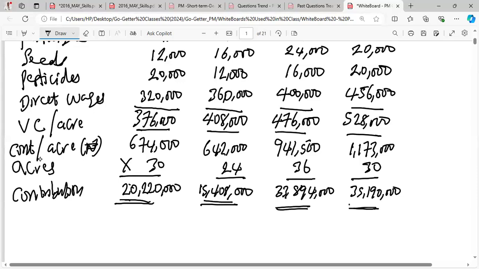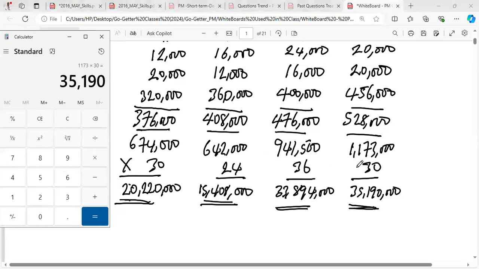Now at this point, I will need to know my total contribution. So what do I do? I'll add now all the contributions. Let me add from right to left. I have 35190 plus 33894 plus 15408 plus 20220.